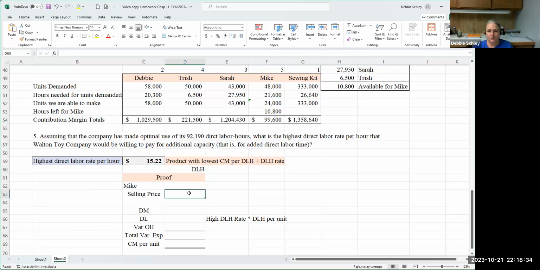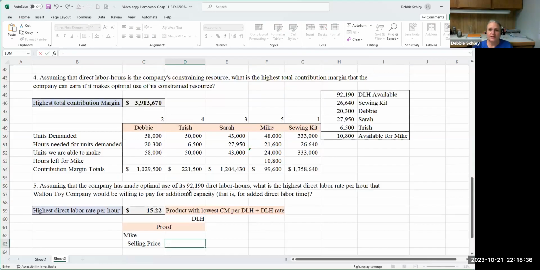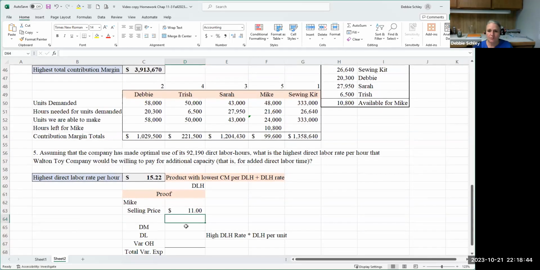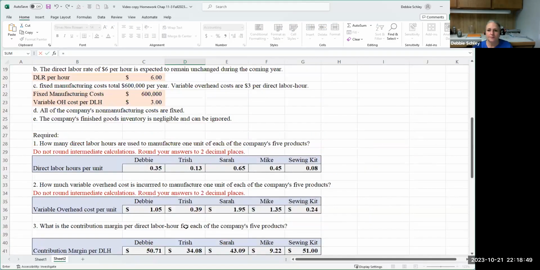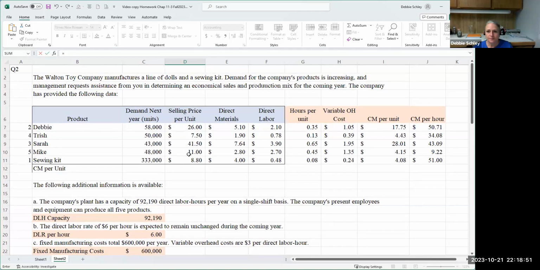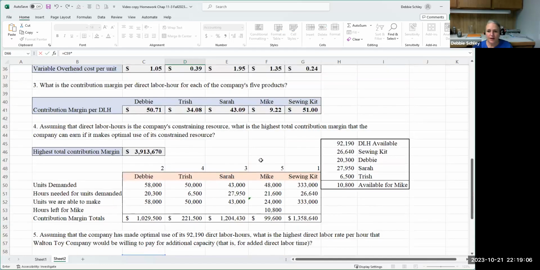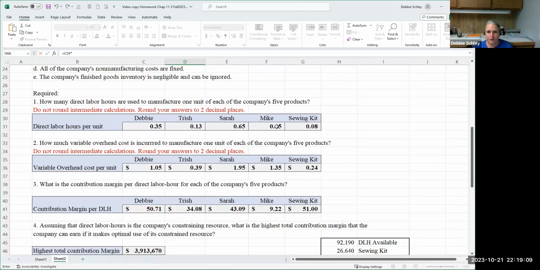And so here's the proof for Mike. What's my selling price for Mike for 1 unit is $11. My direct materials for Mike for 1 unit. Okay, and then this will be the high direct labor rate per hour times the direct labor hours per unit.